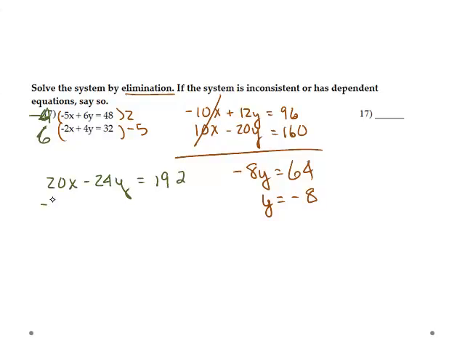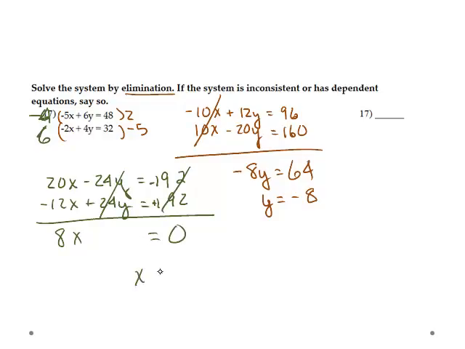Bottom equation by 6 is negative 12x plus 24y equals negative 192. Yeah, because negative 4 times 48 is negative 192. Okay, so this is 8x. These cancel, equals 0, so x is 0. 0, comma, negative 8.